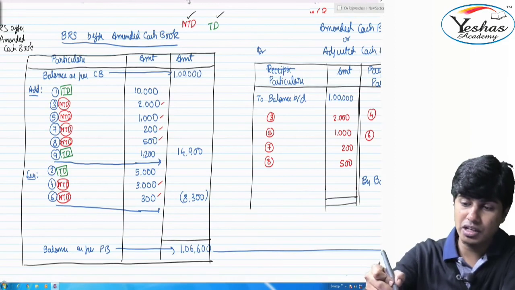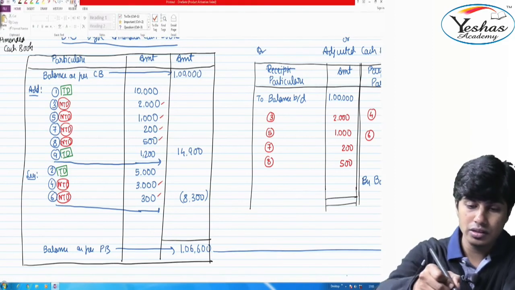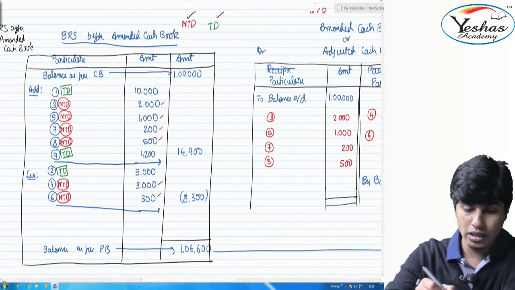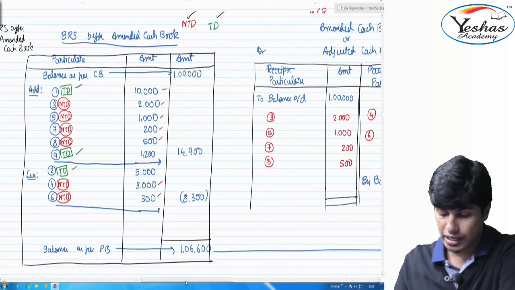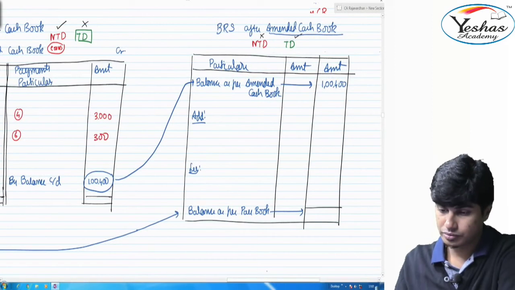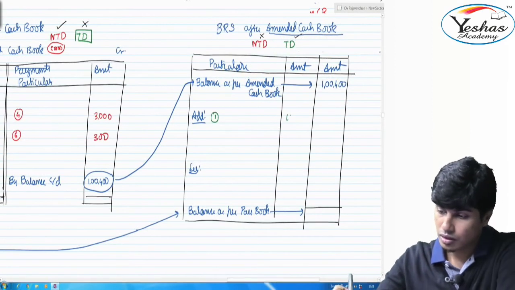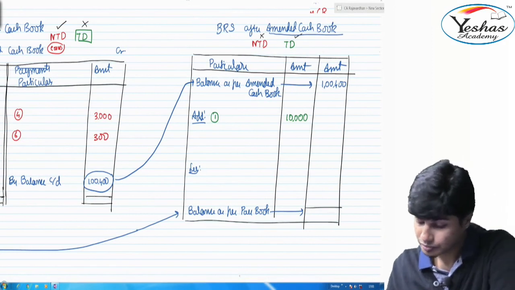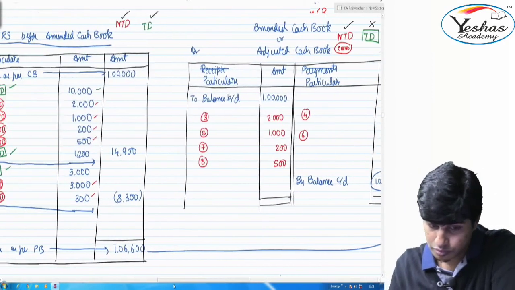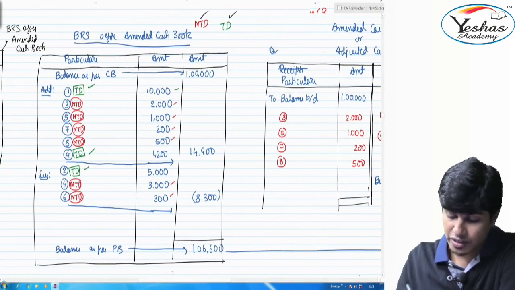The first timing difference that we have is 1, then 9, then 2. So we'll take 1. For 1 I'll add 10,000. I'll write 10,000. Okay, then come back. Then what do you have? Then I have 9, plus 1200.